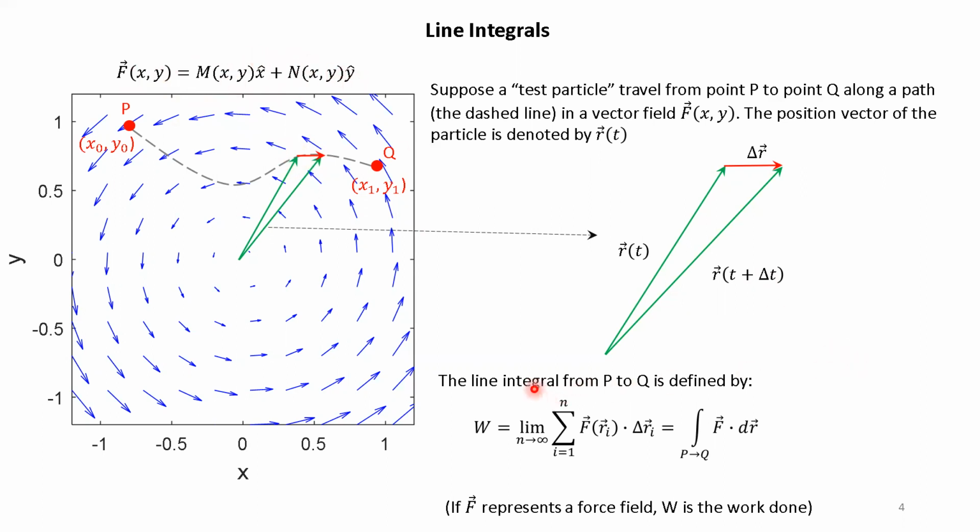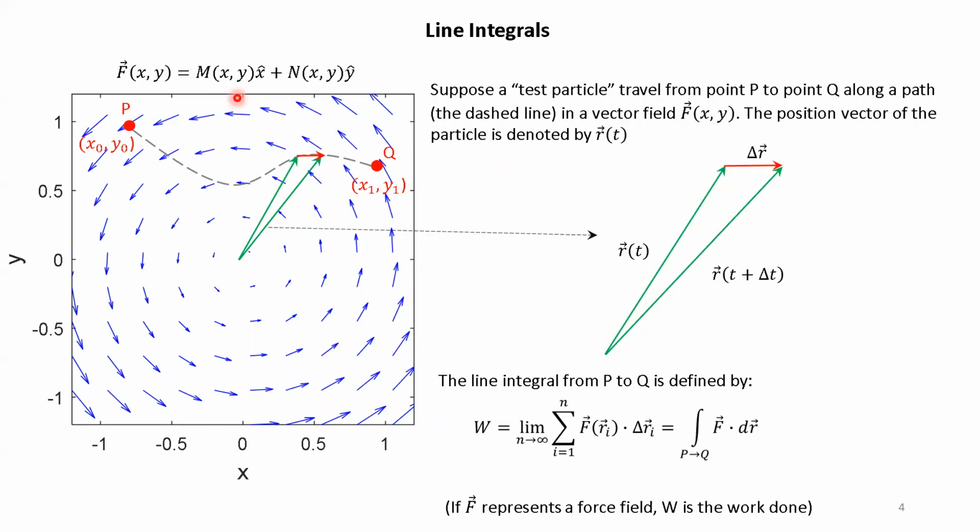So the line integral from P to Q is defined as this sum, where each time you only make a very small step, and it is written as this integral. This is the first thing that we want to learn how to do: the line integral for this force field, or for this vector field F.